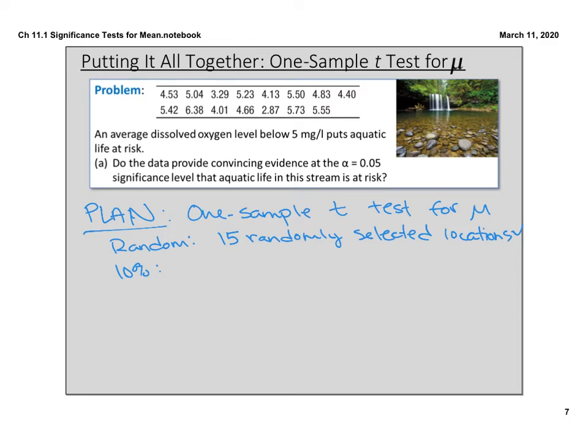Like water is fluid and never ending in this location, so you could check it anywhere. So 15 is less than 10% of the number of spots you could check DO levels.